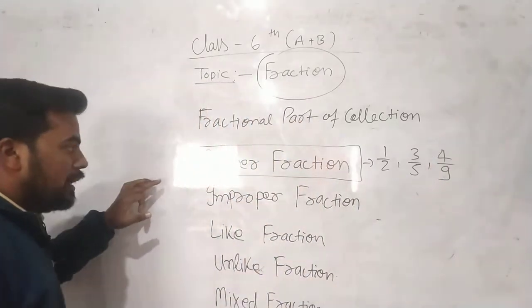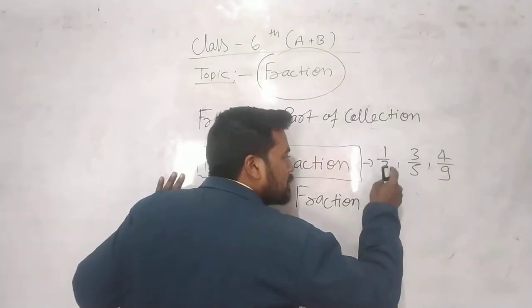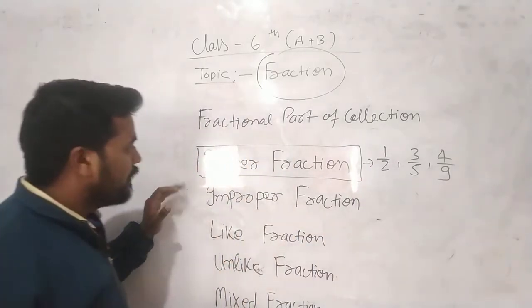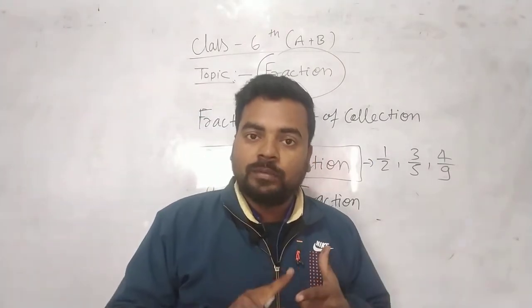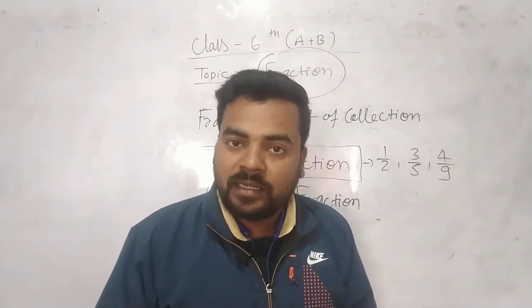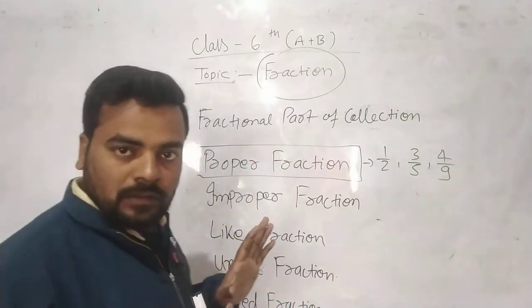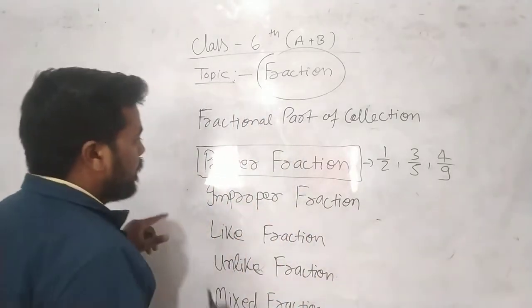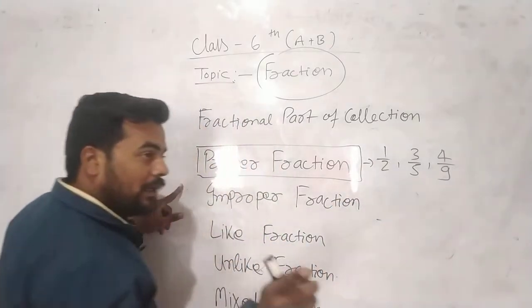So in a proper fraction, always and always numerator is smaller than denominator. So the definition of proper fraction is a fraction in which numerator is smaller than denominator. Definition understood?